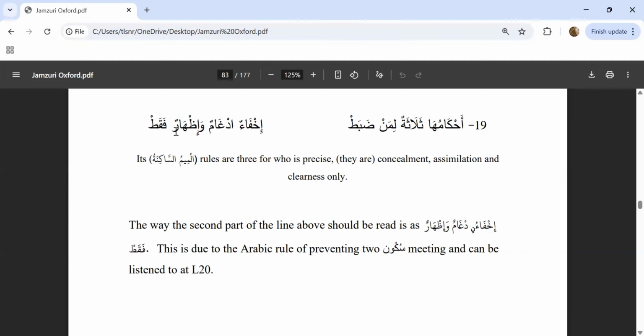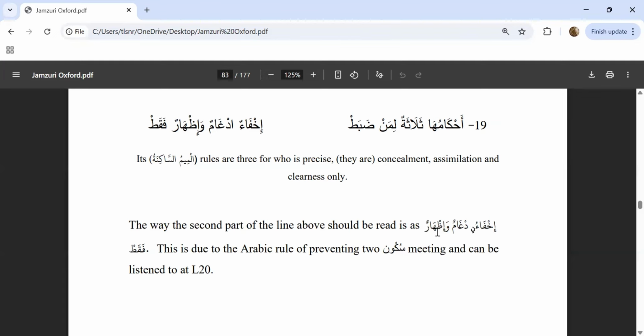So again, if you noticed, the hamza is missing from the word idgham in the line of poetry here. So again, this is read as I stated here. What we do is we make a naql, we transfer that noon sound, and we put a sukoon on the dal. So إخفاءُنْ دغام وإظهار.